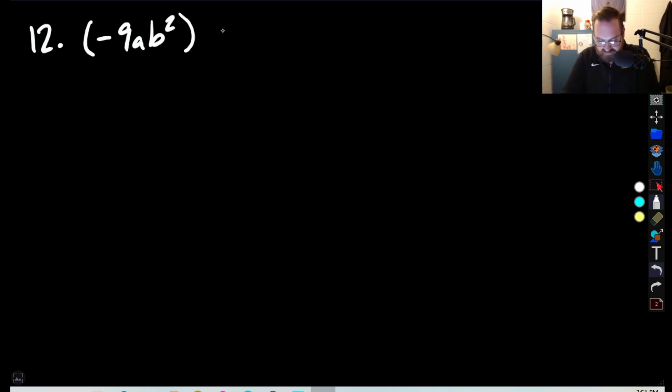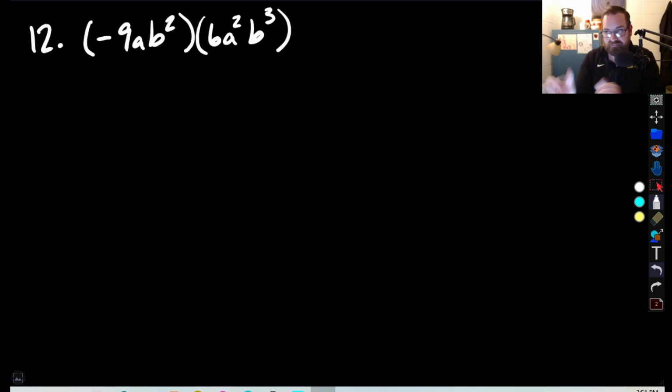Take a peek. And here we're going to multiply by 6a squared b cubed. So this is a problem where we have multiple exponents happening on different bases. But the process is pretty much the same. Again, everything is multiplying from left to right.